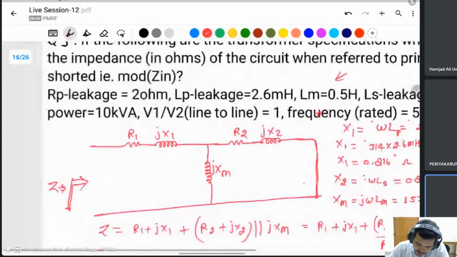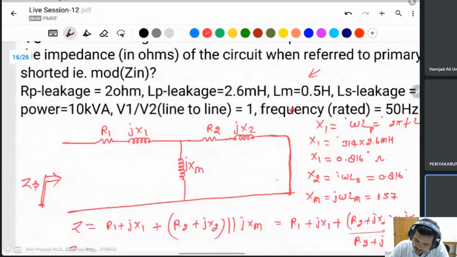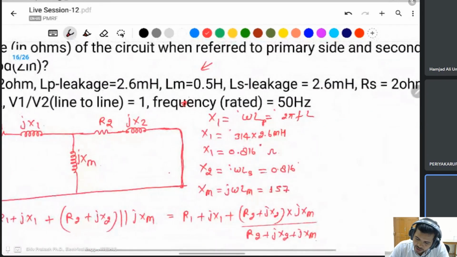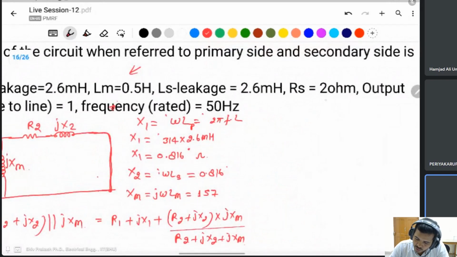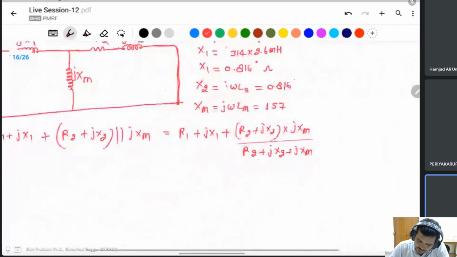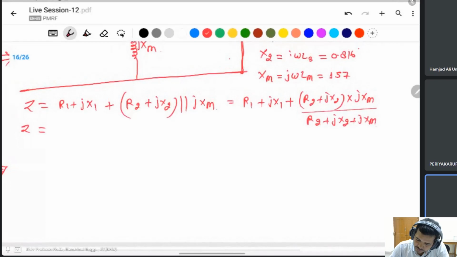R1 is given as 2 ohm, Rp and Rs both are 2 ohm. R1 jX1, R2 jX2.